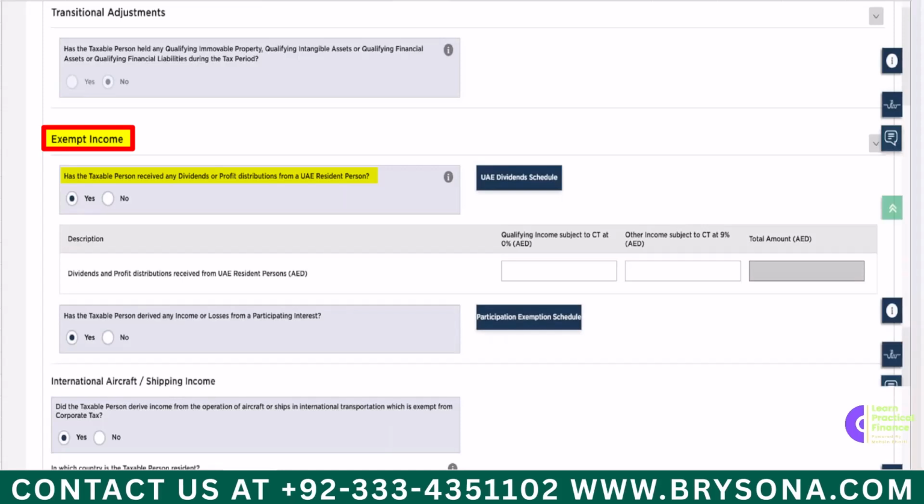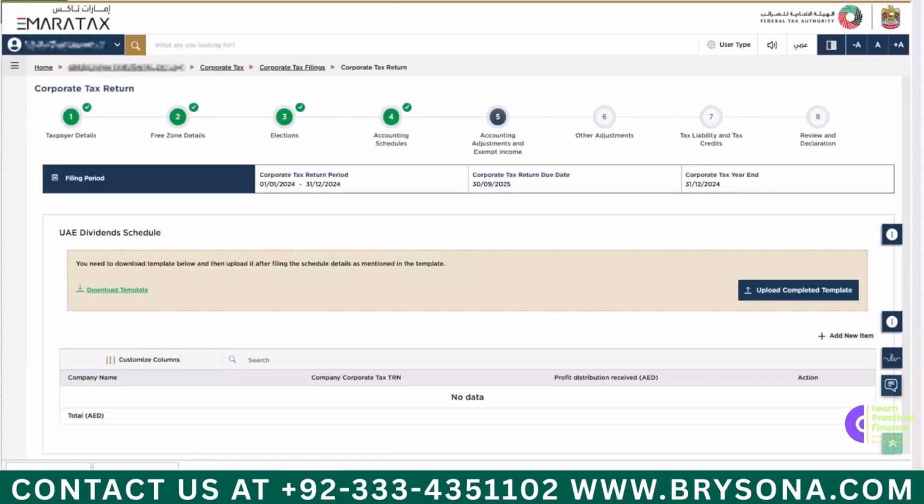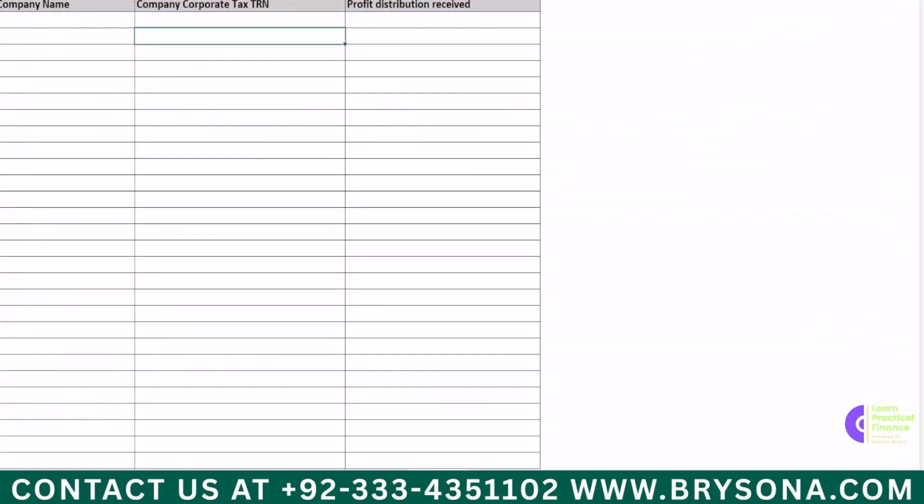For filling the dividend schedule, you have to click here. A window like that will appear in front of us. You can download the template by clicking here, or you can simply click here, add new item. I just want to show you how the downloaded template looks. It is an Excel sheet.